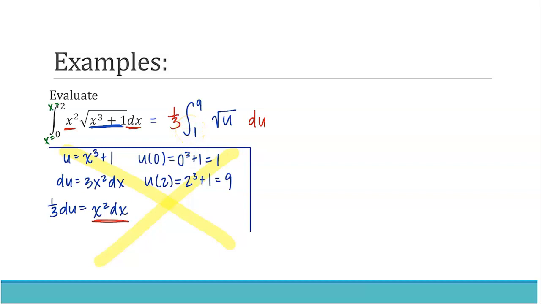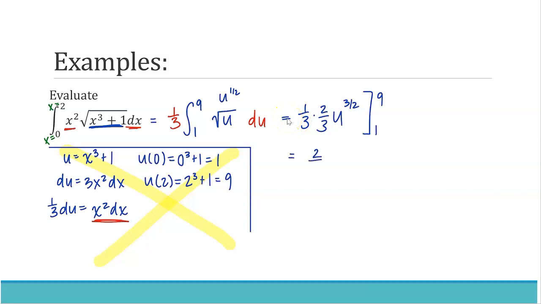So in other words, remember, square root of u is u to the 1/2. So this would be 1/3, and then we'd have u to the 3/2 times 2/3. So I added a 1 to 1/2, and then instead of dividing by 3/2, I multiply by the reciprocal, and this is going to be evaluated from 1 to 9, because my answer is a number.